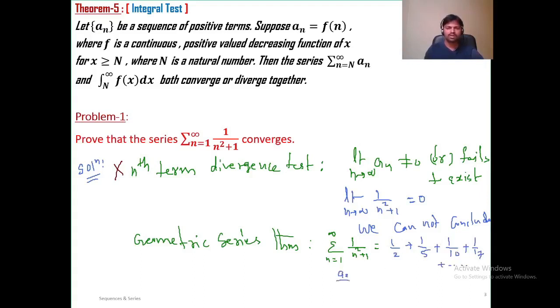What is a2 by a1? 1 by 5 divided by 1 by 2 is 2 by 5. Similarly, a3 by a2 is 1 by 10 divided by 1 by 5, which is 1 by 2. These two are not the same, 2 by 5 and 1 by 2. Therefore this series is not geometric, and we cannot apply this theorem.